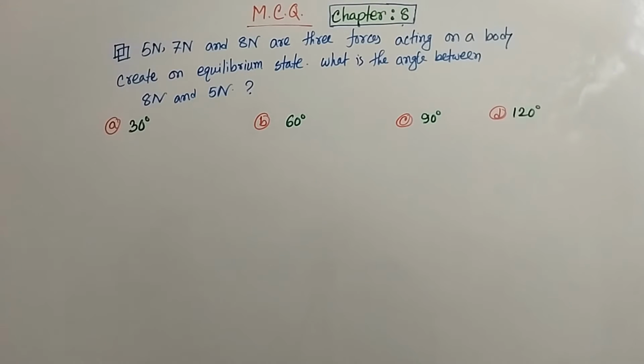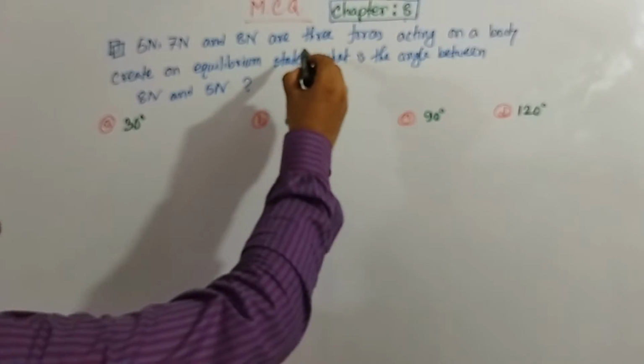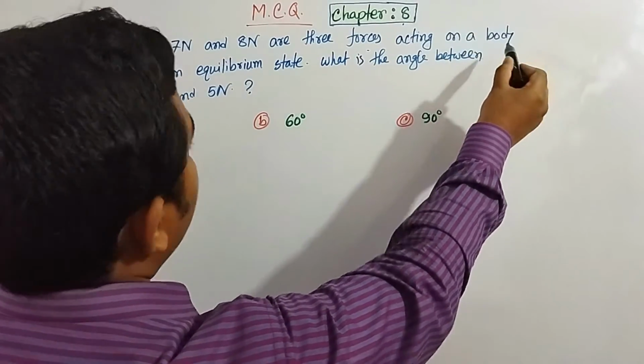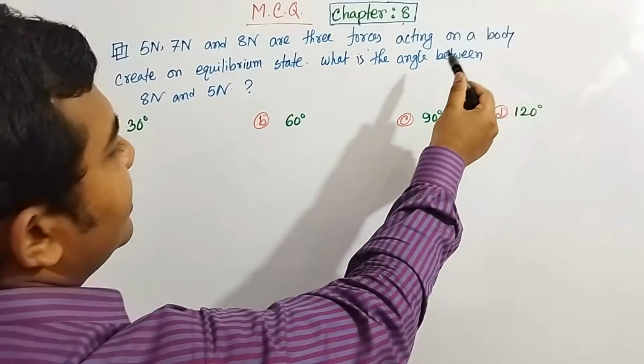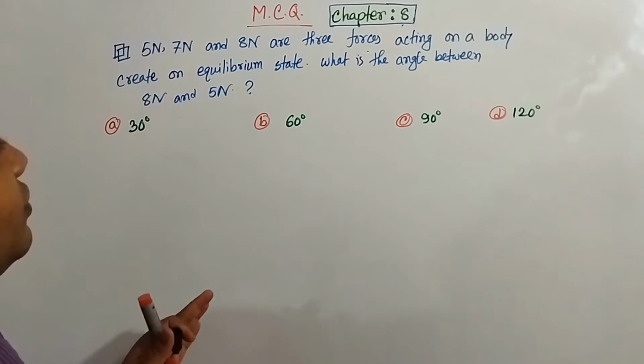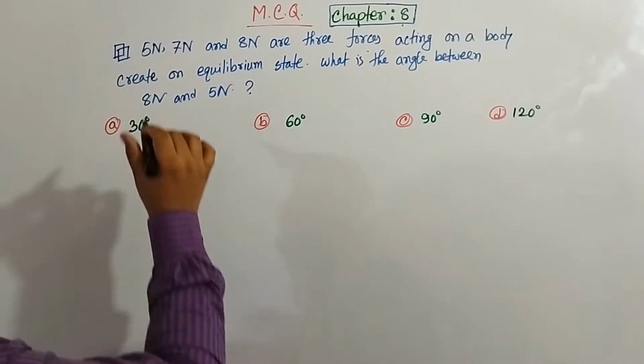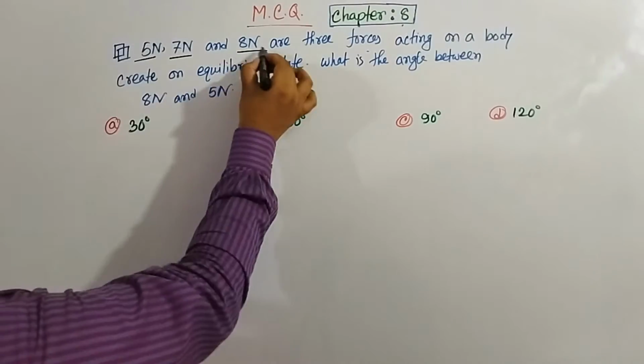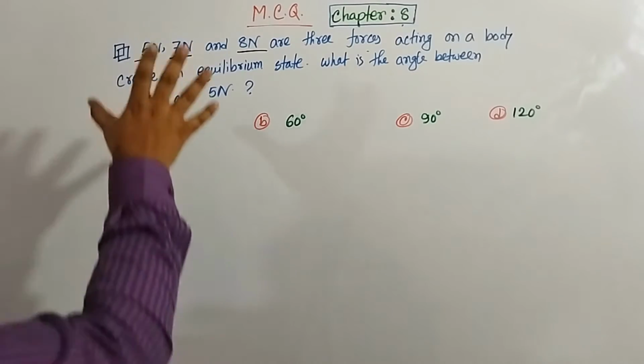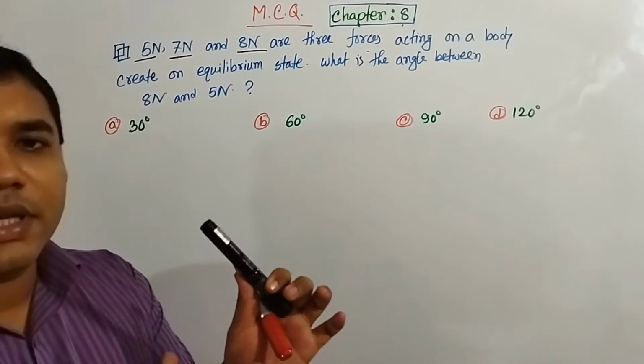Dear students, our next math problem: 5 Newton, 7 Newton, 8 Newton are three forces acting on a body in an equilibrium state. What is the angle between 8 Newton and 5 Newton? We need to understand very clearly that these three forces 5, 8 and 7 are in equilibrium.